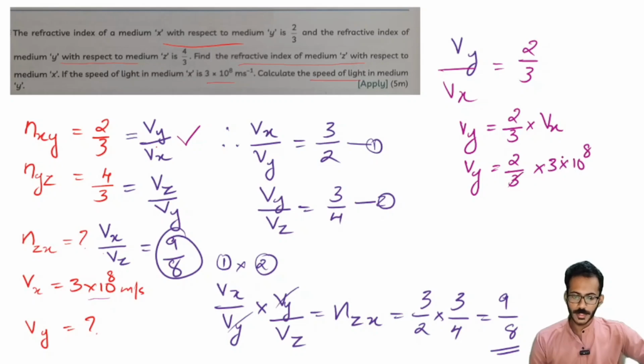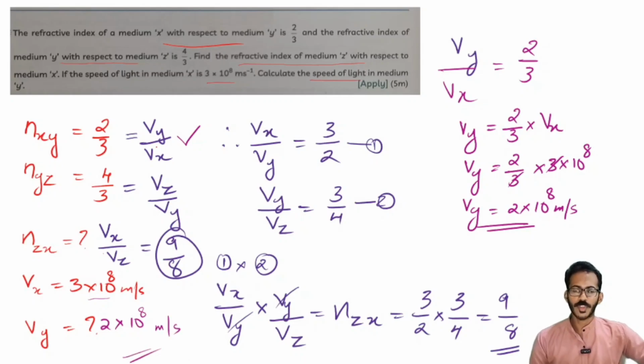See, here 3 and 3 will get cancelled. So the value of Vy will be 2 into 10 raised to 8 meter per second. That's it. So we got both the answers. So the value of Vy is 2 into 10 raised to 8 meter per second. That's it. So if you get questions like this, try to solve them like this. Thank you.